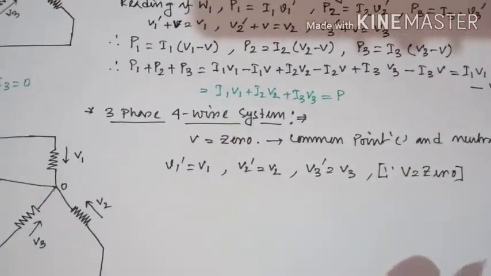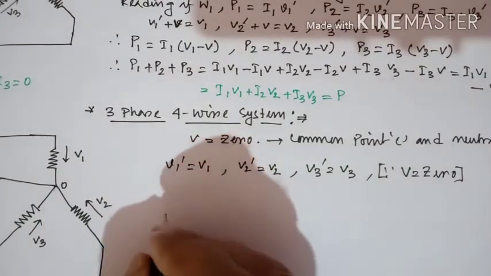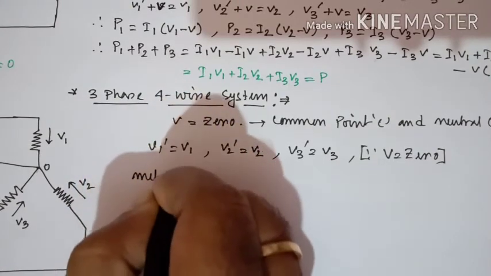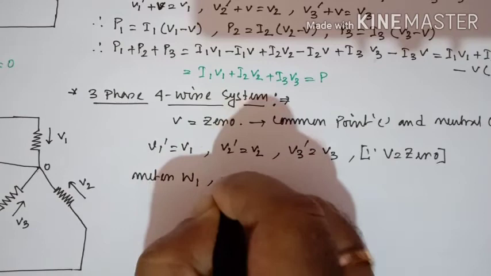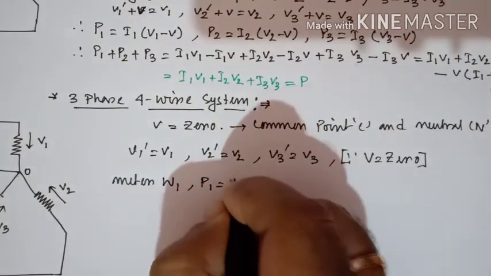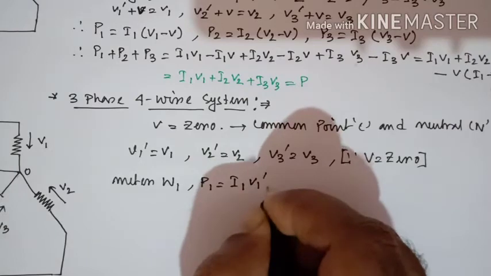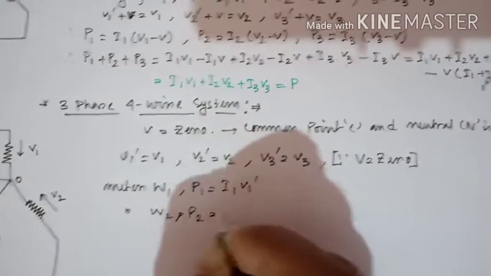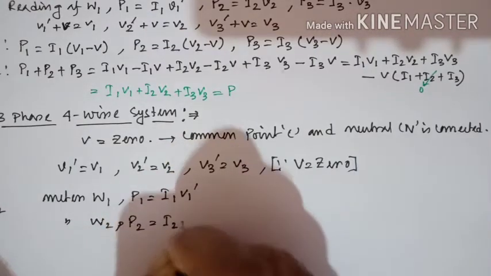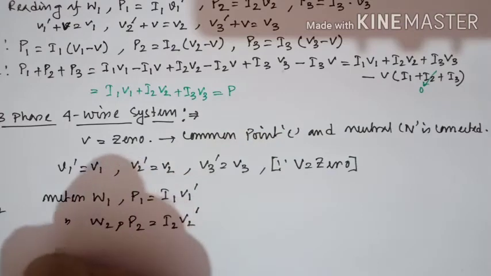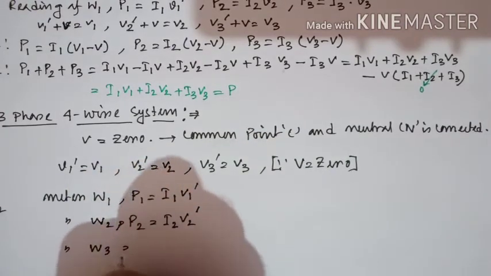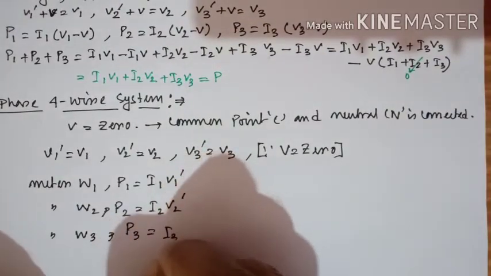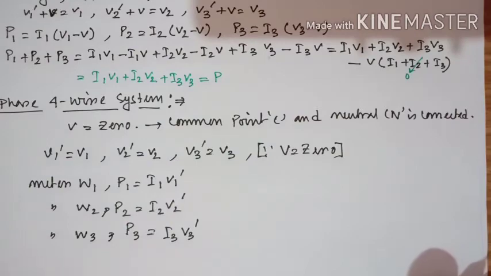So here the power measured by meter W1, that is P1, is equal to I1 V1 prime. Similarly, meter W2 measures power P2, that is equal to I2 into V2 prime. Meter W3 which measures power P3 is equal to I3 V3 prime.